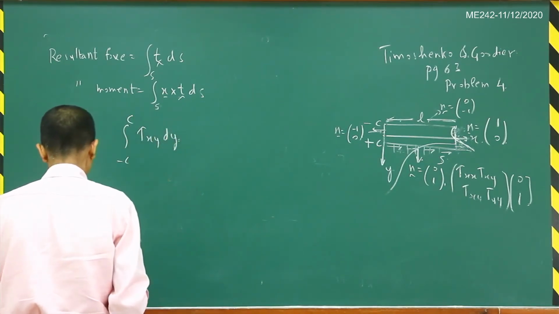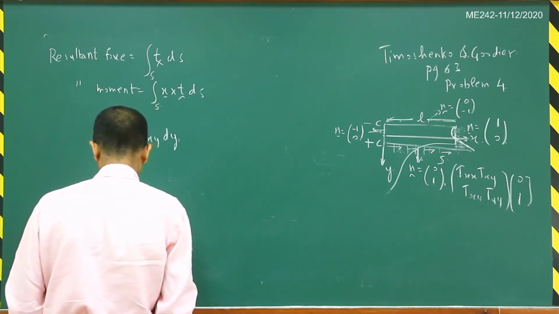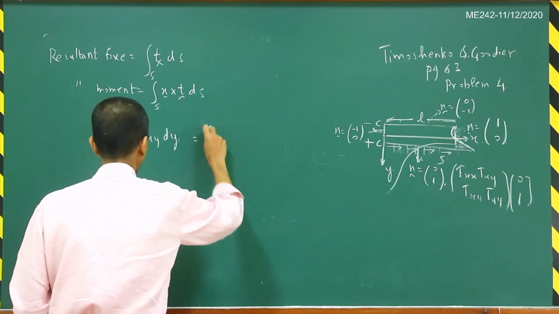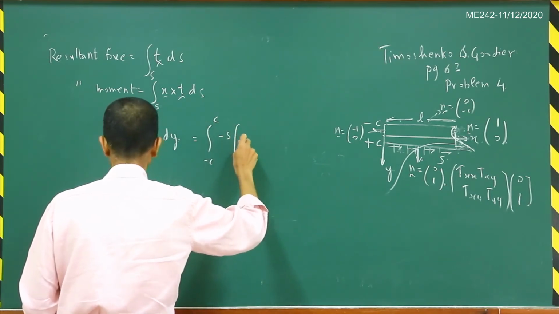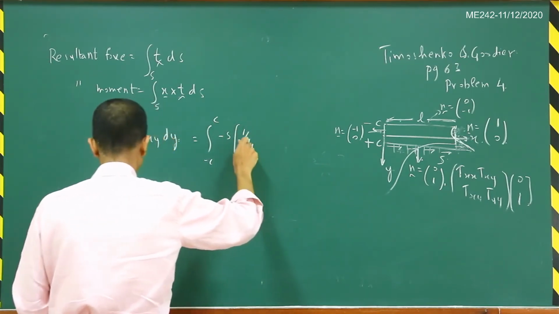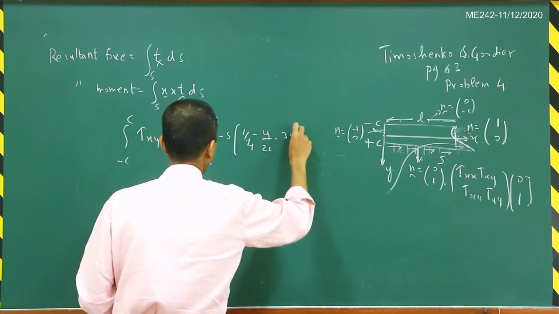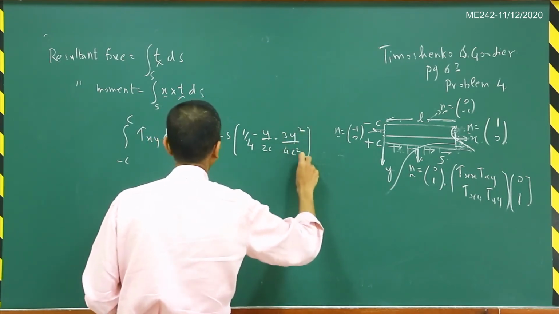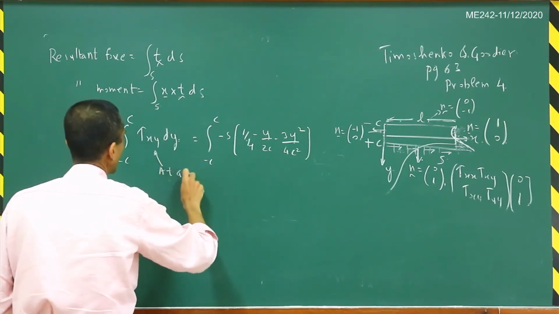So this is equal to the integral from minus c to c of minus S times 1 by 4 minus y divided by 2c minus 3y squared divided by 4c squared. So this is at any x.